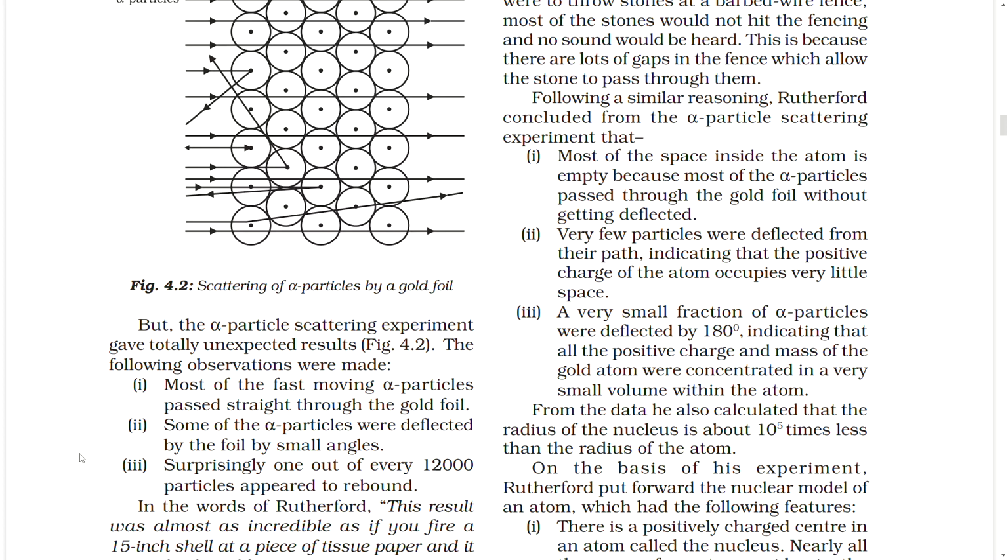A very small fraction of alpha particles were deflected by 180 degrees, indicating that all the positive charge and mass of the gold atom were concentrated in a very small volume within the atom. From the data, he also calculated that the radius of the nucleus is about 10 to the power 5 times less than the radius of the atom.